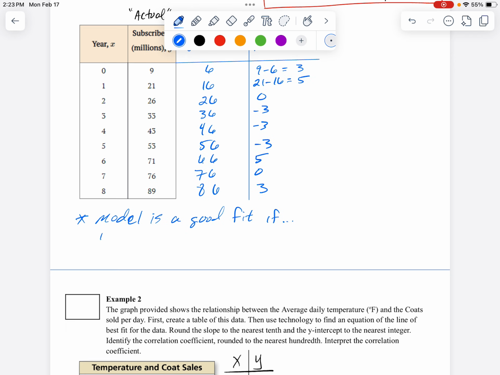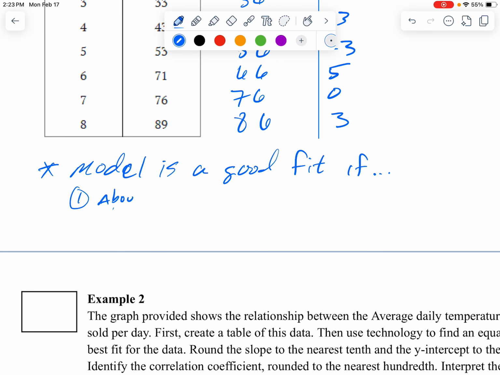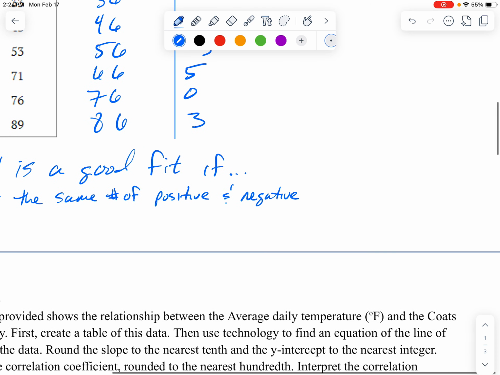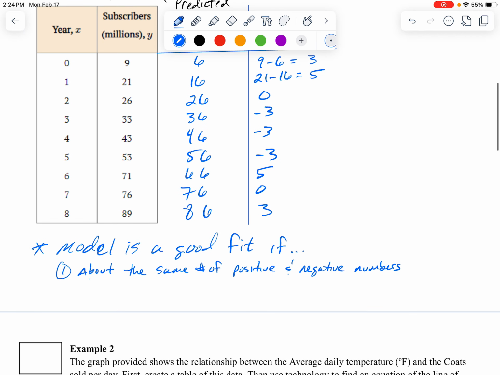Number one, we have approximately the same number of positive and negative numbers, because that means that our line is running right down the middle of the data.